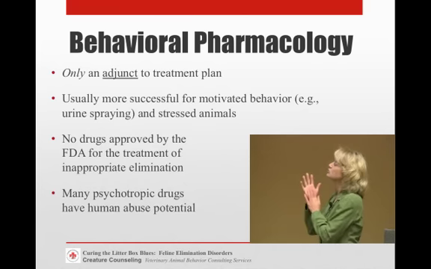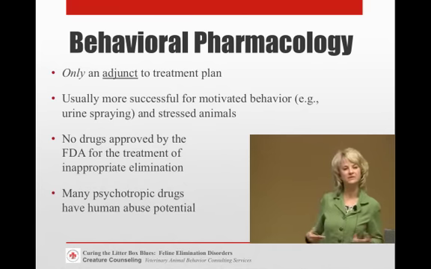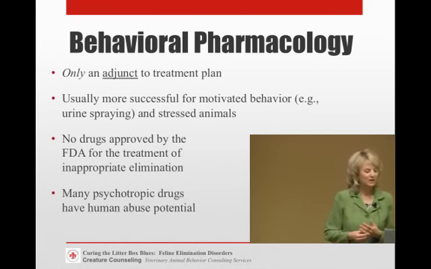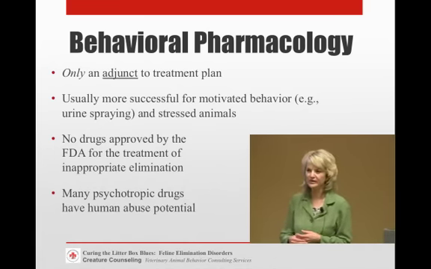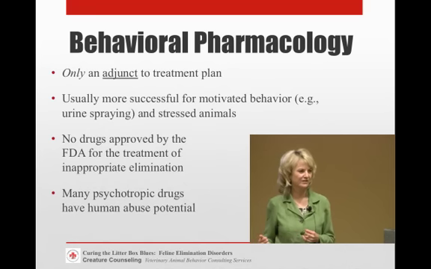And then, like I said, usually it's more successful with motivated behaviors, like stressors and things like urine marking. You have to remember there are no drugs approved to be used in this manner for cats.